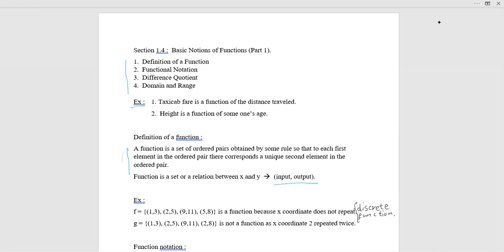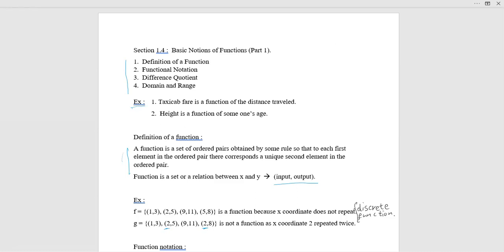There you see the x coordinate 2 is repeating. Therefore, G is not a function. Since x coordinate is repeating, G is not a function. F is a function since x coordinate is not repeating.